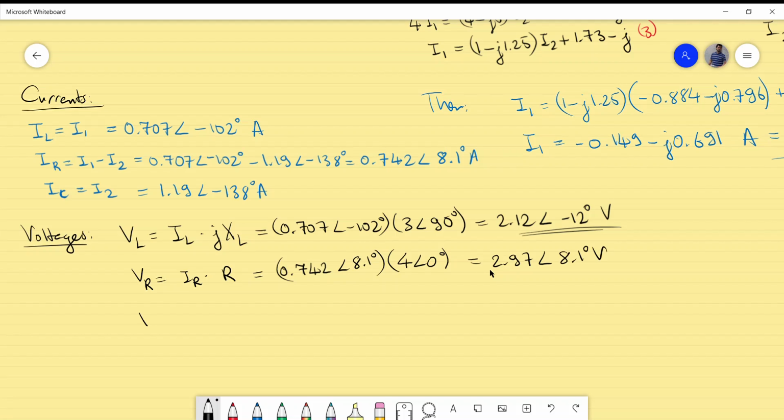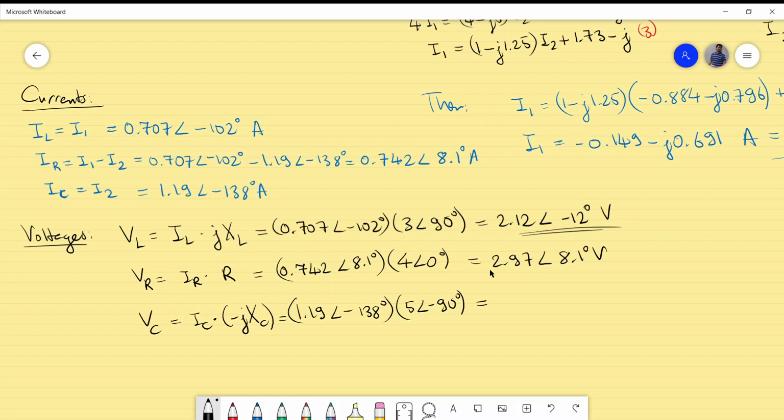Now the last one is the capacitor, which is IC times minus j times XC, so be careful. Let me make this clear. IC I know, that's 1.19 with phase minus 138 degrees, and the capacitor value we have also calculated was 5, so I will have 5 with phase minus 90 degrees, to convert this directly in the polar representation.